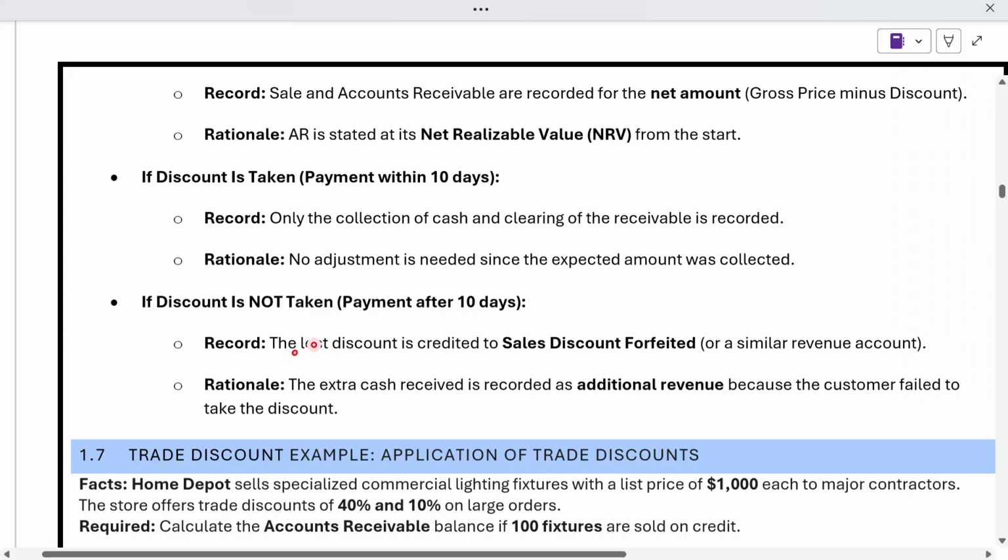So we will be saying this is not lost, this is our earned, or I can say additional discount. So this additional discount is credited to the sales discount and this is a benefit to us, which was $20. And the rationale is simple, the extra cash received is recorded as additional revenue because the customer failed to take the discount, he didn't take that discount.